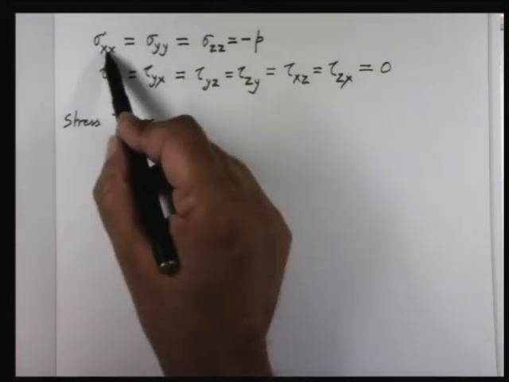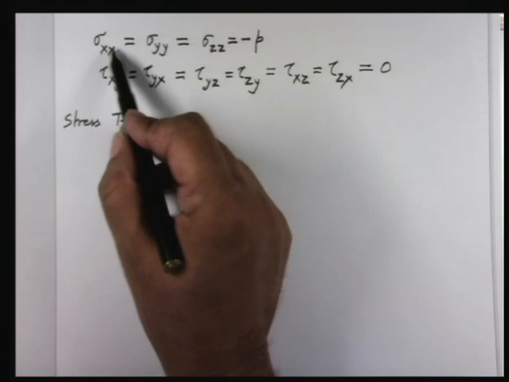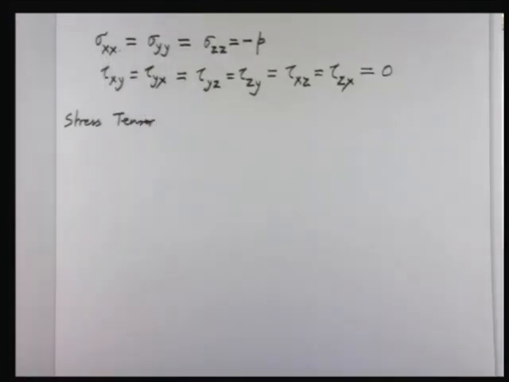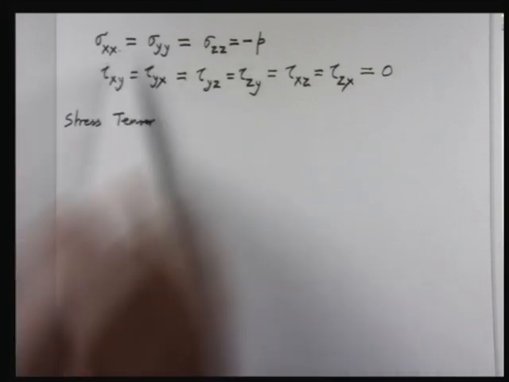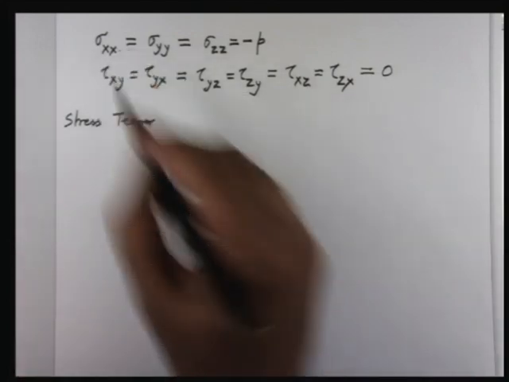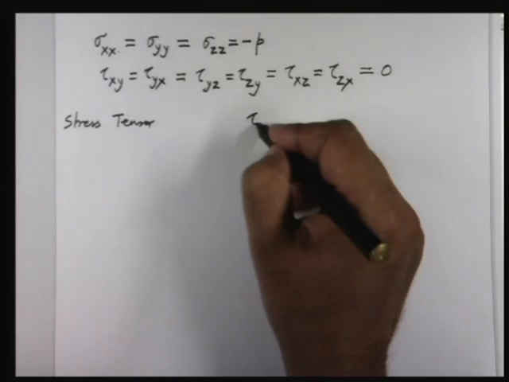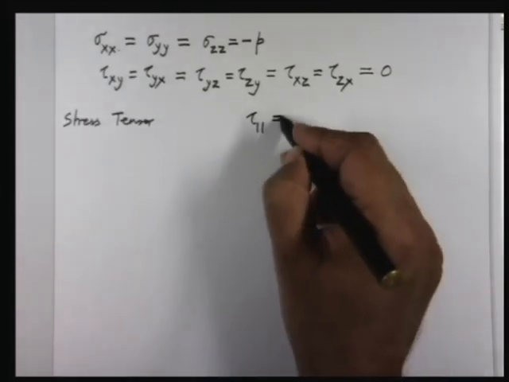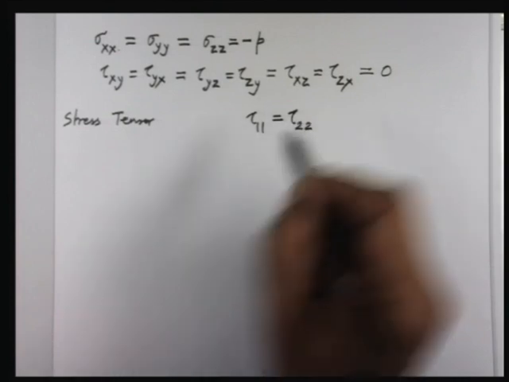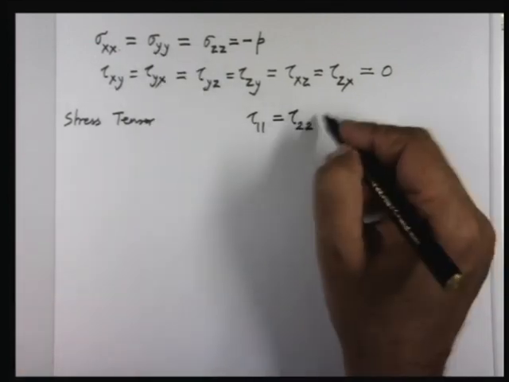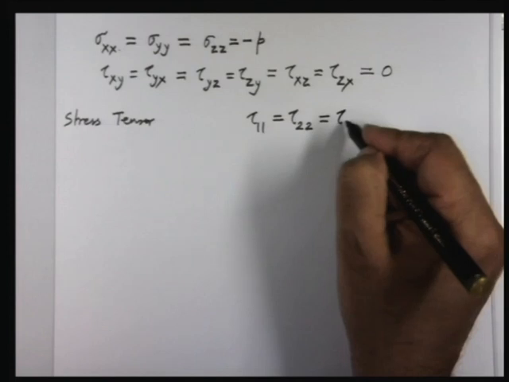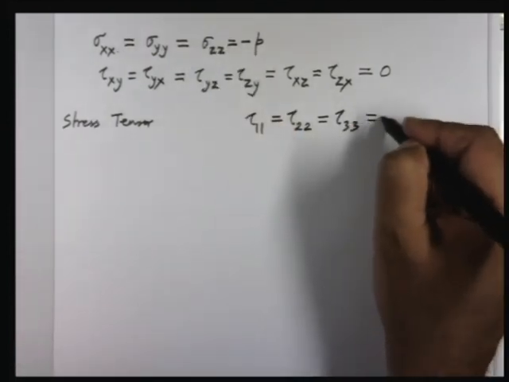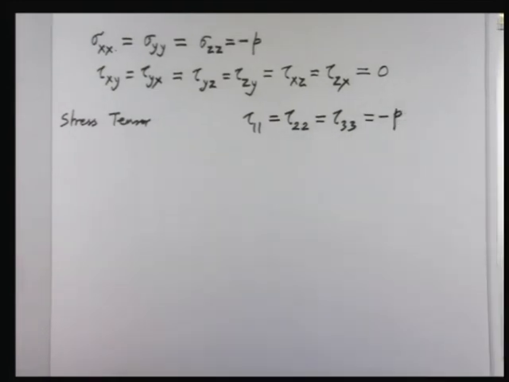So what I call sigma xx, as he mentioned, some authors may write similarly sigma x, but I prefer to write two subscripts. So sigma xx is the same as tau 11. This will be equal to tau 22, which is the same as sigma yy, and tau 33 is the same as sigma zz. This is going to be equal to minus P.